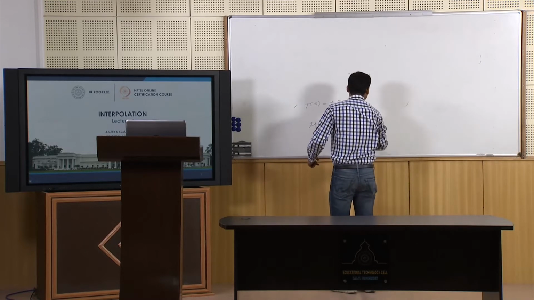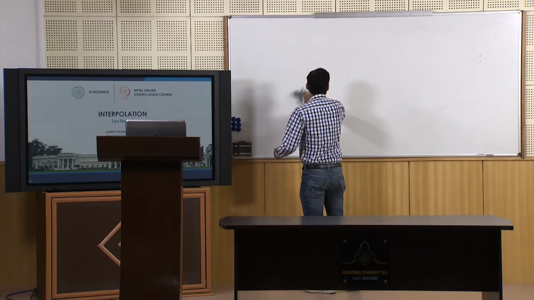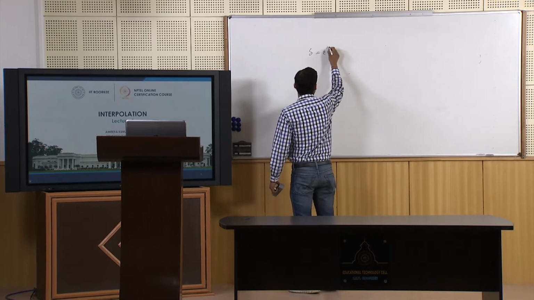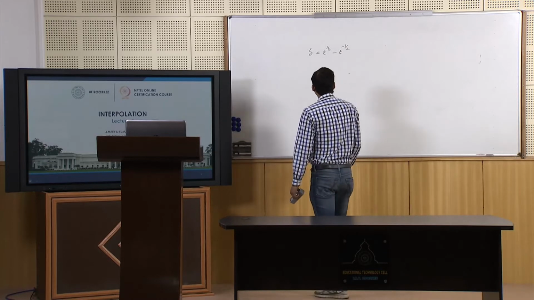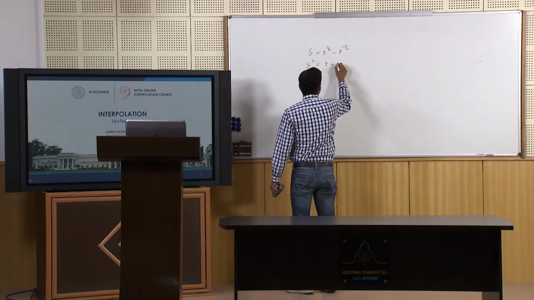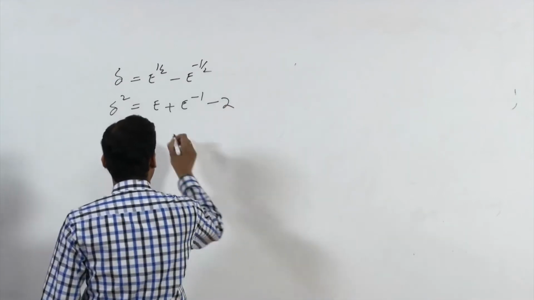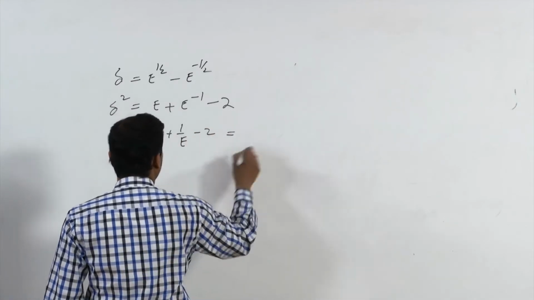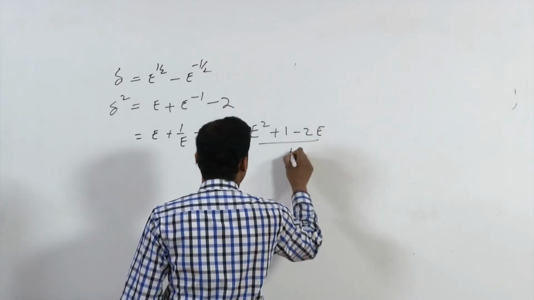If we take the square on both sides, then we can express delta square as E plus E raised to the power minus 1 minus 2, which can be expressed in the form of E plus 1 by E minus 2, and which can be written as (E square plus 1 minus 2E) by E here.